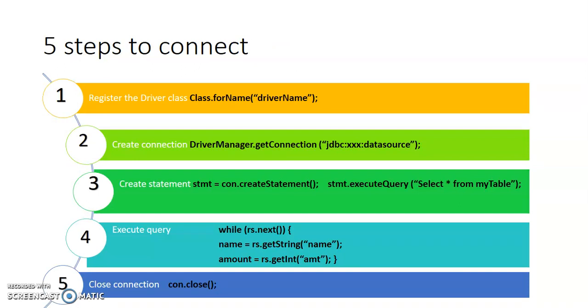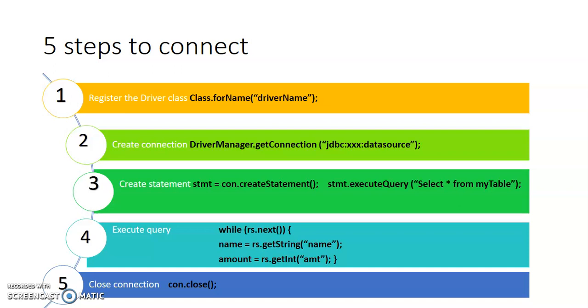So now, talking in terms of more technical stuff, how to connect a Java application to the database. As we have talked, we will require the connection, the driver, the statement, and the result set. How to code it now?